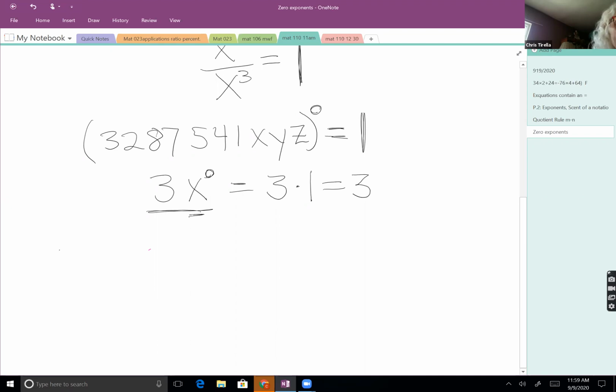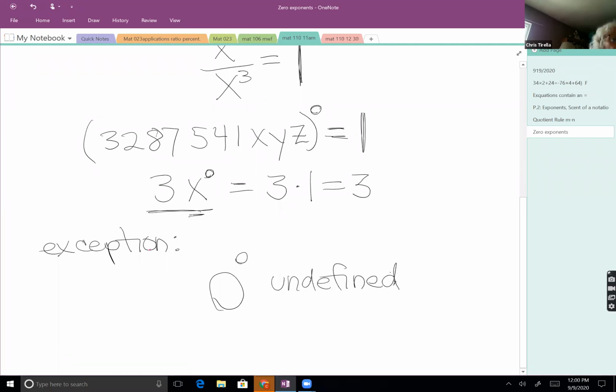There is one exception to the rule. The exception is if I take 0 and raise it to the 0 power. That does not equal 1. 0 to the 0 power is undefined. It has no meaning. If you try to, with your calculator, raise 0 to the 0 power, you would get an error message.